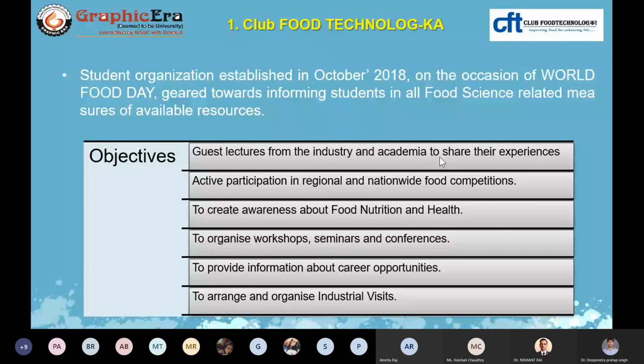They also bring out active participation of students in regional and national food competitions, and create awareness about food, nutrition and health, such as the harmful effects of certain foods, their nutritional values, which types of food are good for your health and which to avoid. We also aim to organize workshops, seminars, and conferences related to the mandates of the club.